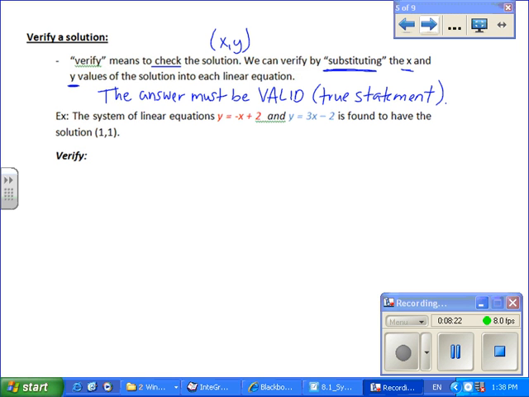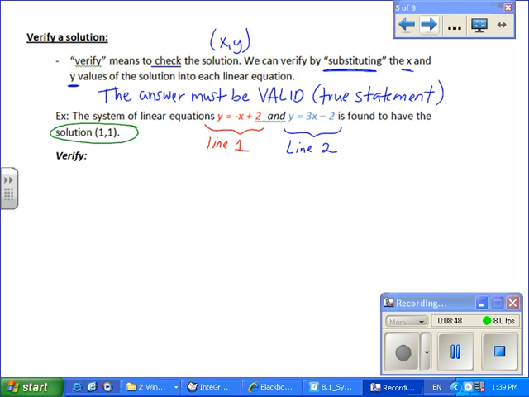Say I have a system where line 1 has the equation y equals negative x plus 2, and line 2 has the equation y equals 3x minus 2. Let's say I graphed that, and I found that the solution was the point (1, 1).